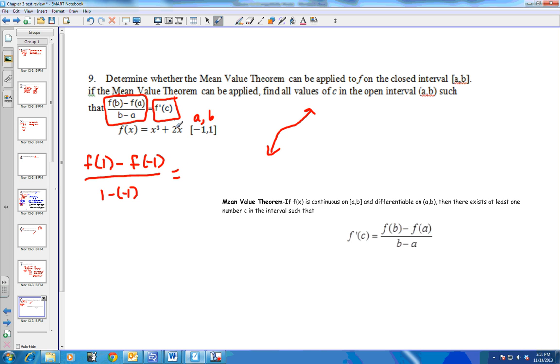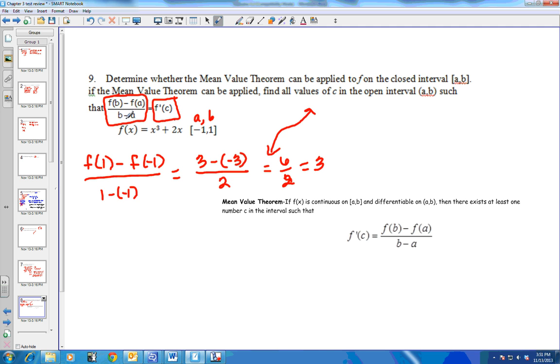I'm plugging 1 in. 1 plus 2, that's going to be 3. Minus, when I plug negative 1 in, I'm going to get negative 1 minus 2. So that's going to be negative 3. All over 2. So that's going to give me 6 over 2, which is 3.